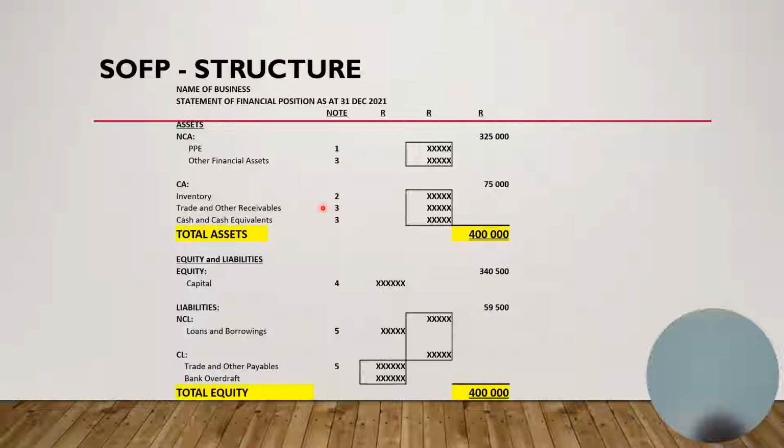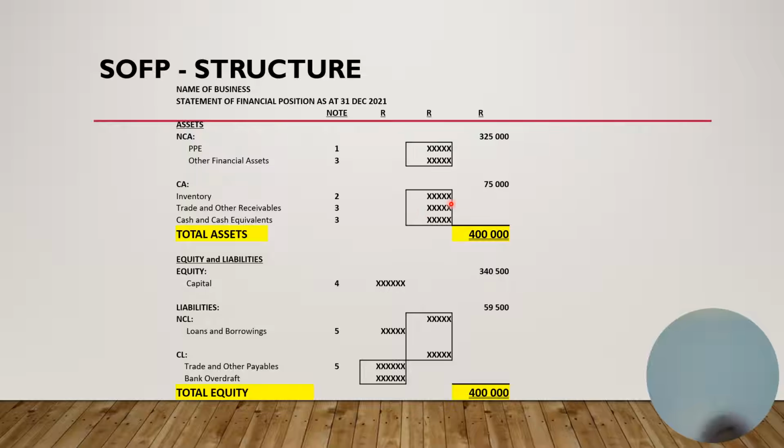Maybe it's 20,000. We write it off, and we call that bad debt. So we are not going to get the whole 50,000, because there are debtors we could not find, and we closed off their accounts.